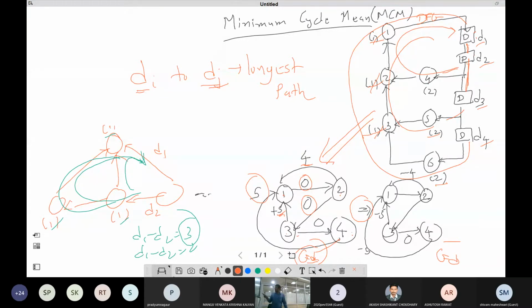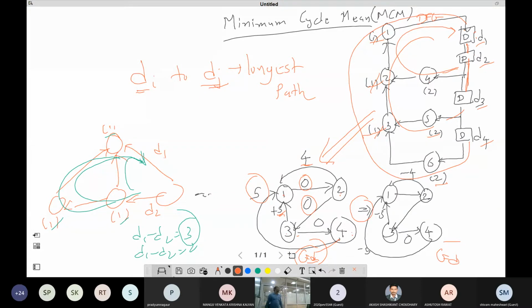Now here it is GD bar. So GD bar is nothing but the complement of my GD. If you observe, the graph GD bar is the same, but whatever the weight values you have taken in GD, the weight value is just the opposite.